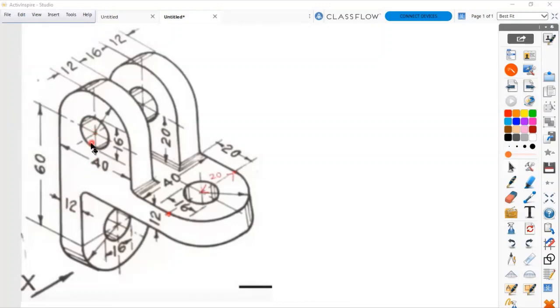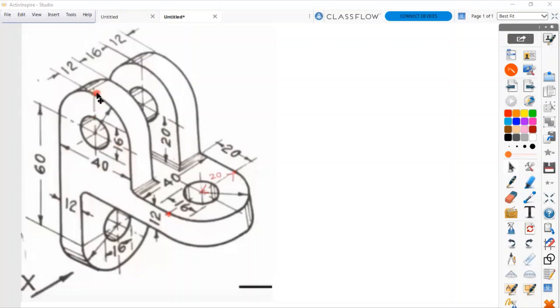mm. But if you look closely, the radius of this arc is 20, half of 40, because the arc is touching this dimension, this span from here to here, the span of 40. This arc is touching this line. Okay, so you look carefully, from the center to this line is 20.